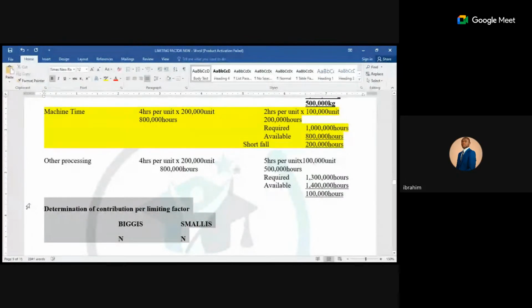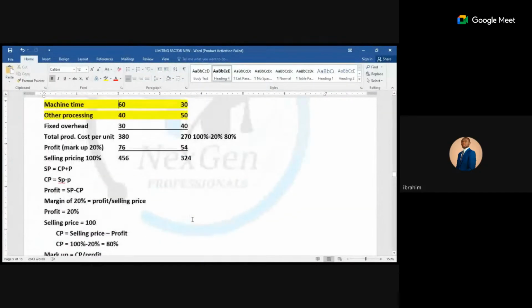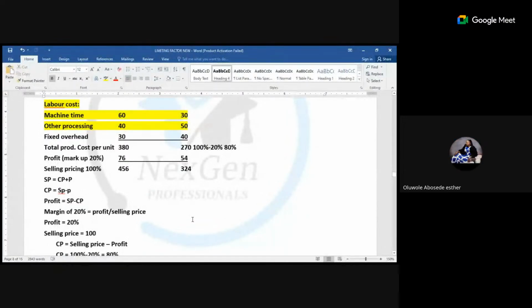So, the selling price. What is our selling price? We've calculated the selling price, right? Selling price for biggies is 456.